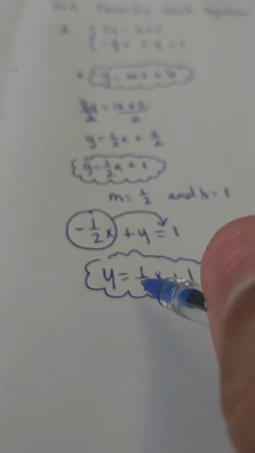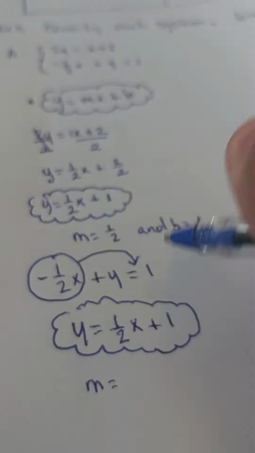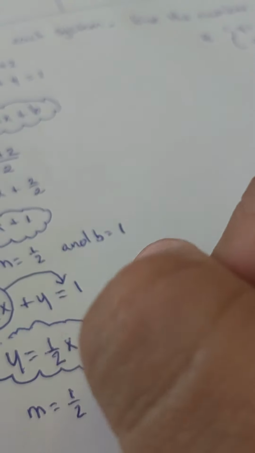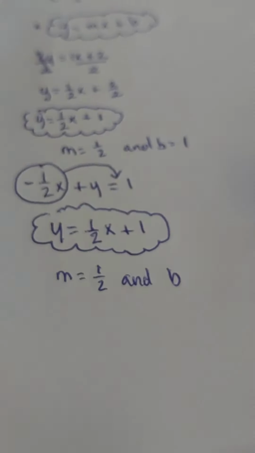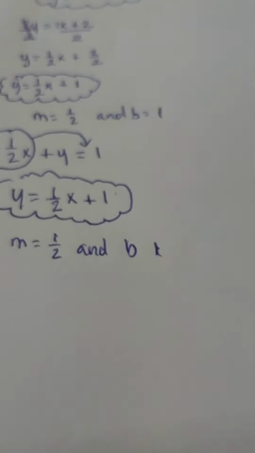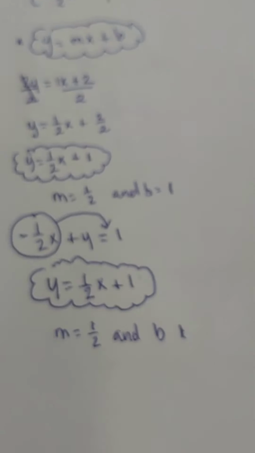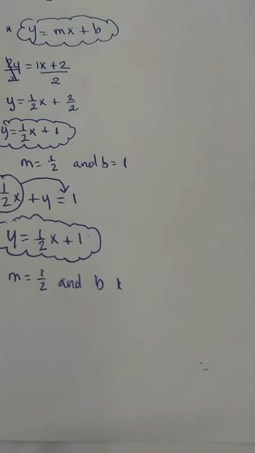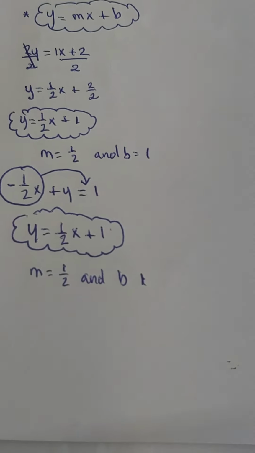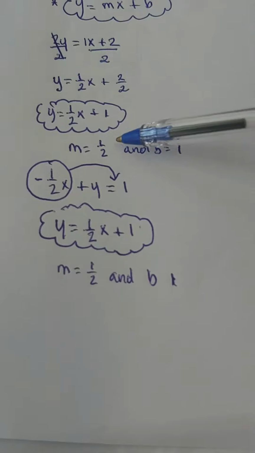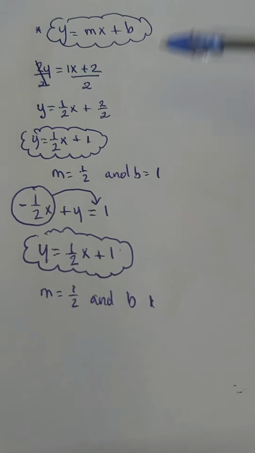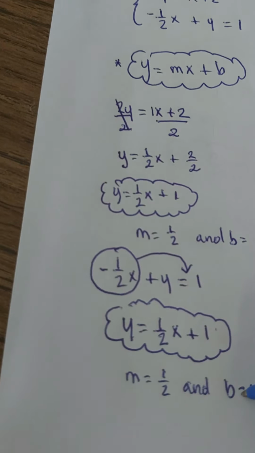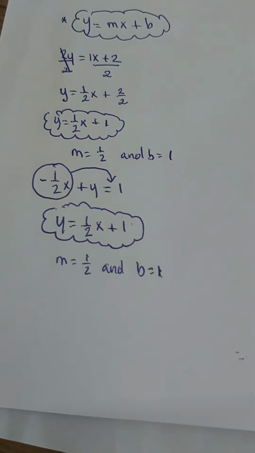Now, look at the slope. m is equal to 1/2, and b, the y-intercept, is 1. So, if we compare the slopes and the y-intercept, what can we tell? They have the same slope, 1/2, and the same y-intercept, 1.